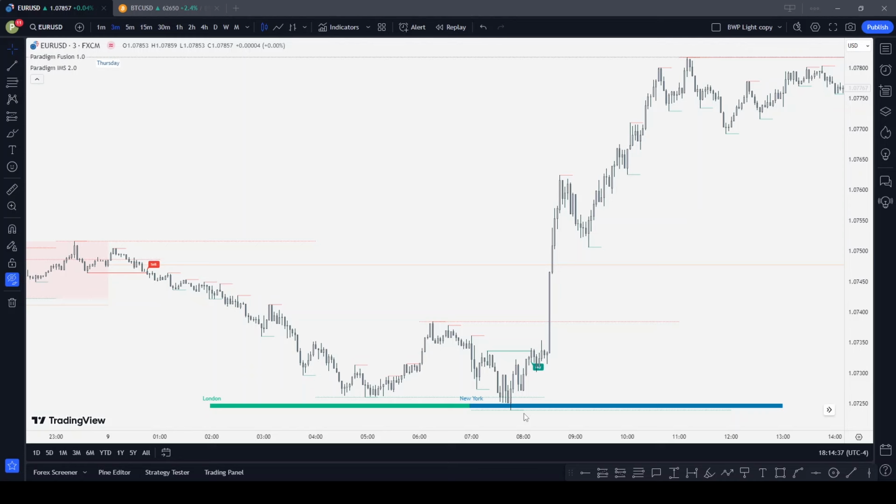They have a problem with framing a bias or framing a narrative, because one thing you have to understand is that most of the time price would always present you with an opportunity to go long or to go short, even on the same day. So if you don't have a clear bias, if you don't know what price is going to do, or have an idea of what price is going to do, you will have a hard time trading profitably.